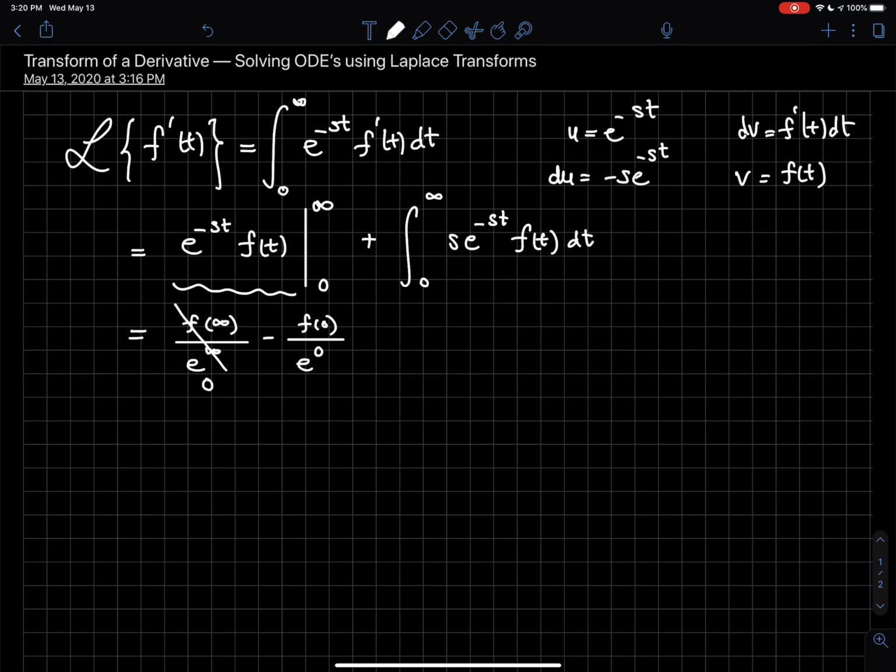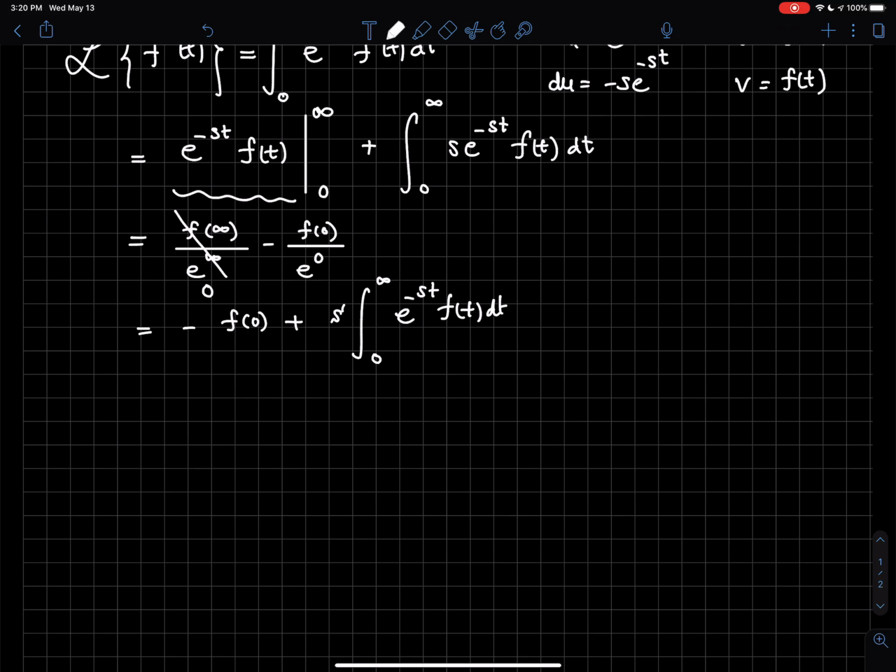Now for f of infinity, e to the infinity grows much faster, so this whole thing goes to 0. So here I will get minus f of 0 plus, here s is a constant, so s comes out, and I have the integral from 0 to infinity of e to the minus st f of t dt. And here you'll see I have minus f of 0 plus s times, if you recall, the very definition of Laplace transform of f of t, which is F of s.